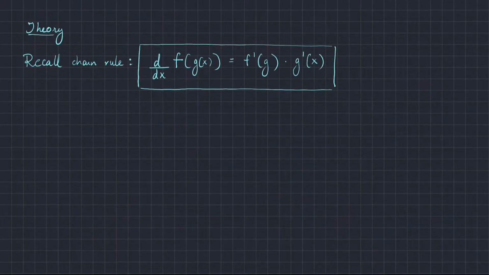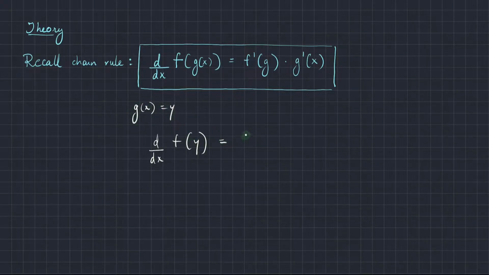Now there's no new theory when it comes to differentiating implicit functions. All you need to know is the chain rule, and I've written the chain rule here for reference. What this means is it's the derivative of f with respect to g multiplied by the derivative of g with respect to x. Now let's say that g of x is y. What does the chain rule become in this case? We get d/dx of f of y, where y is some function of x.